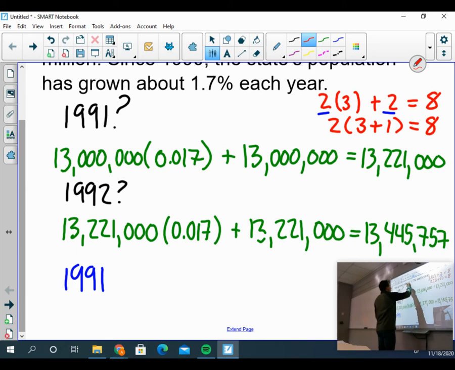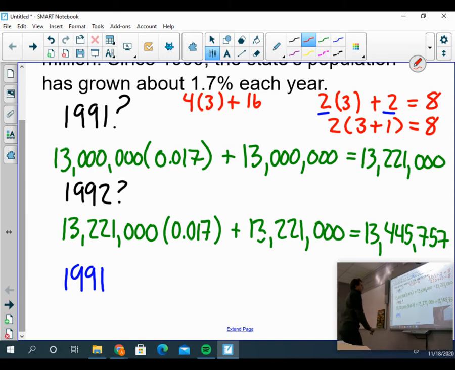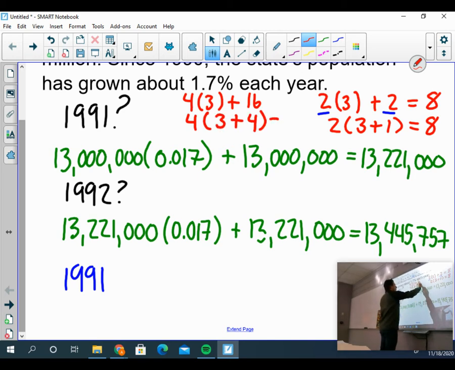If you want another example, what if I had 4 times 3 plus, I don't know, 16? Well, what's the greatest common factor? Well, both the 4 and the 16 are divisible by 4, leaving me with 3 plus 4.